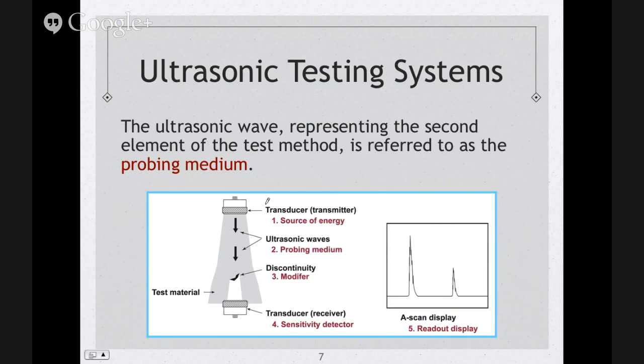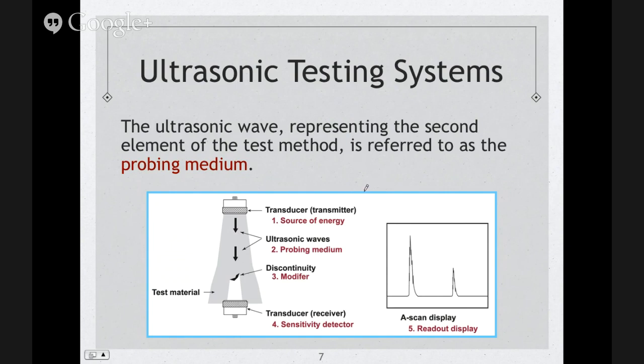The ultrasonic wave, representing the second medium, the second element of the test method, is referred to as the probing medium. Those would be our waves going through our material. They are the ones that are going to penetrate our test object in search of clues of the presence of discontinuities or different conditions, depending on what we're looking for. Maybe we're not really looking for discontinuities. Maybe we're just looking for thickness. Just because you're using ultrasound doesn't mean you're always looking for a crack.